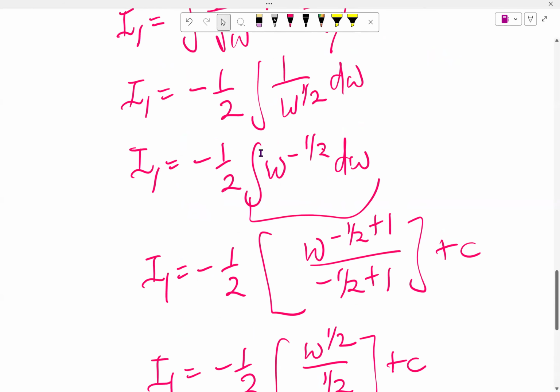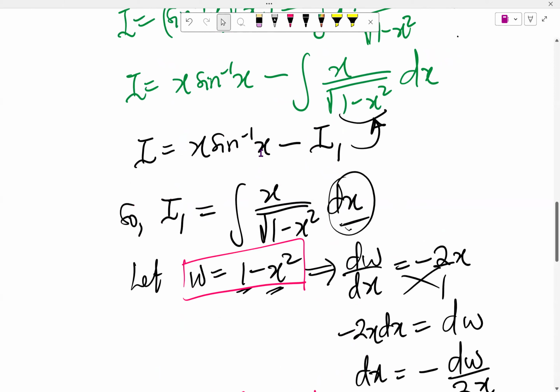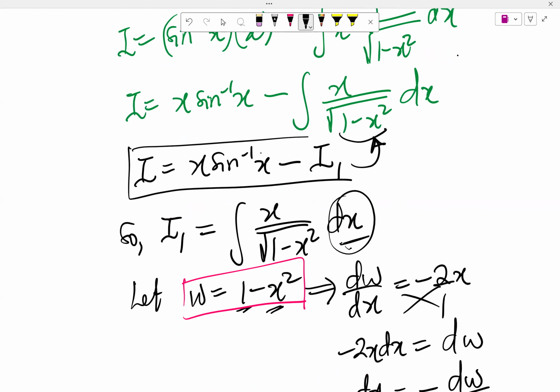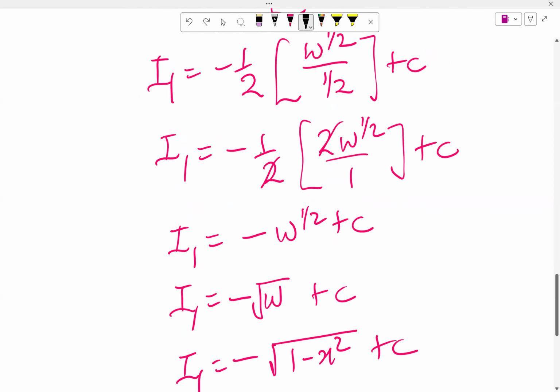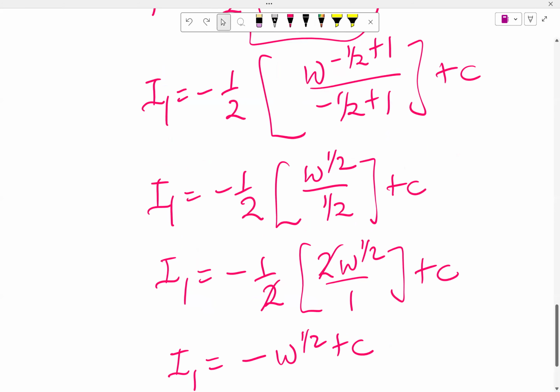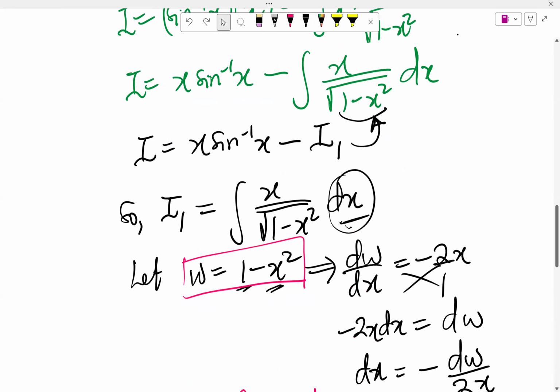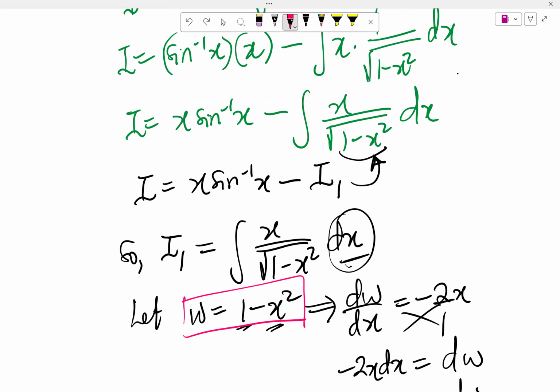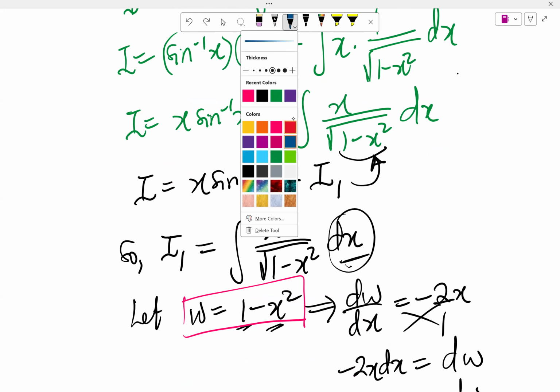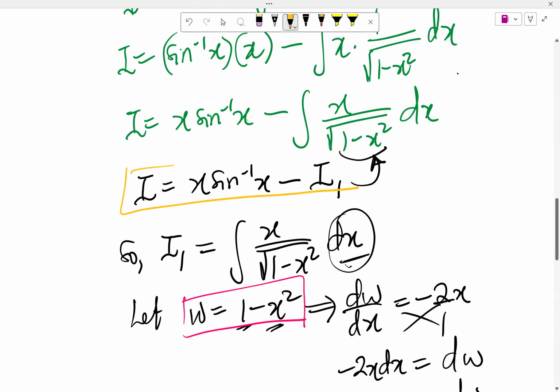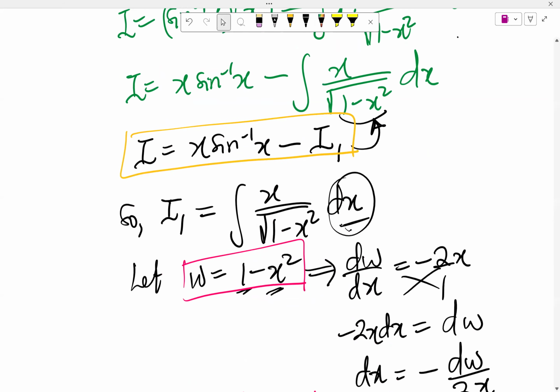So remember the last time you saw I1 was right here, okay? That's not looking good since that's the same color we've been using. So remember where you are coming from, and that place is this, where I equals x arcsin x minus I1.